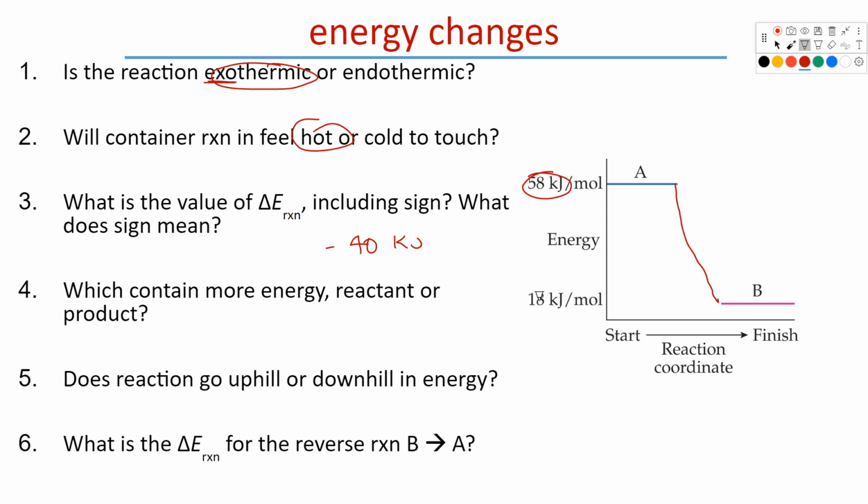So he looked at 58 kilojoules for our reactants and 18 for our products, and he looked at the difference between those. So the equation for this is energy of reactants minus the energy of the products gives us the change in energy for the reaction.